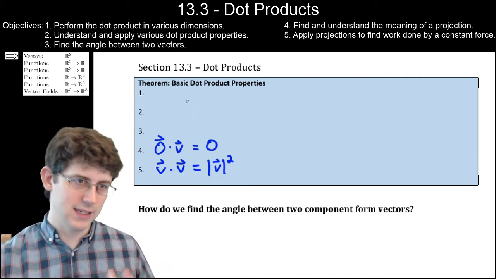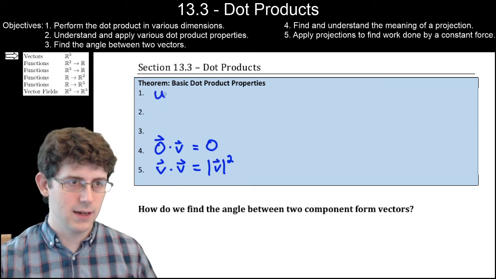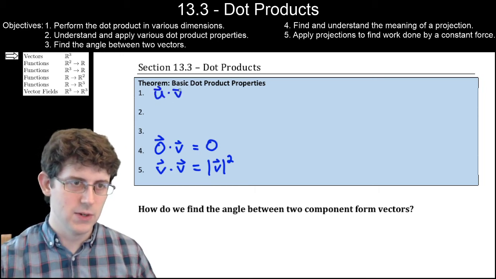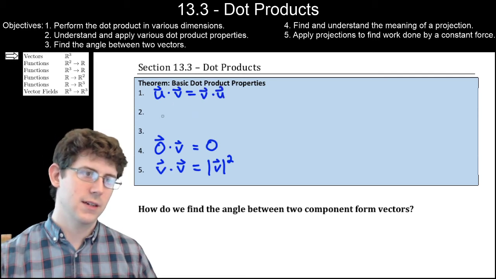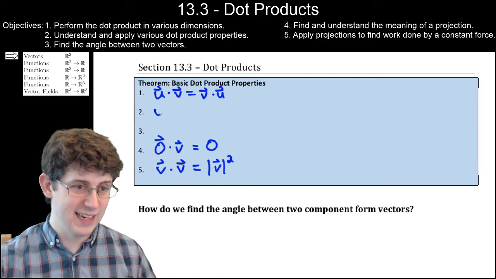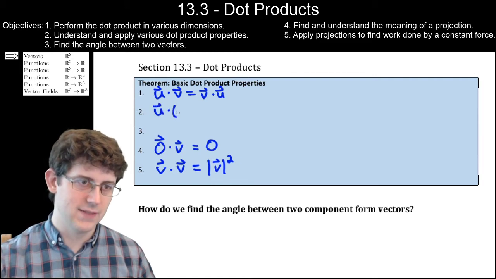The other things that we can write down as properties: we should point out that the dot product is commutative. The dot product also distributes, and I don't think I'm going to spend time proving these facts.